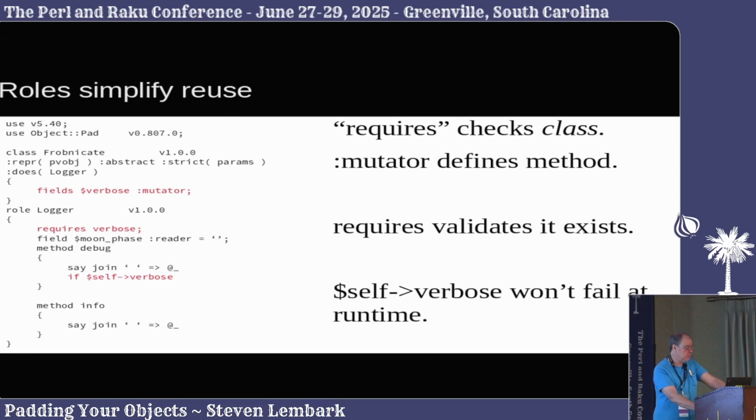In this case, because I have a mutator, my field verbose has its mutator method. That means that the method debug knows that it can access self to verbose in the class. And that requires does the check at compile time when the role is composed into the class. Does that make sense? It's a really, really neat idea to put lots of nice requires in your roles so that you don't blow up during execution.